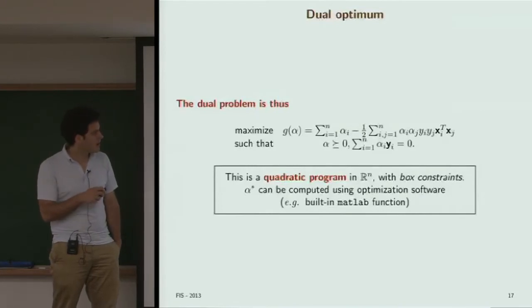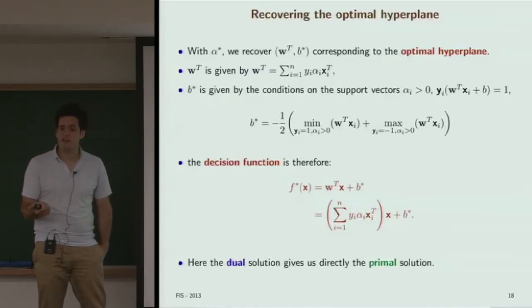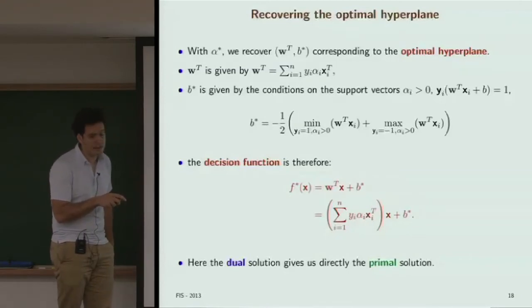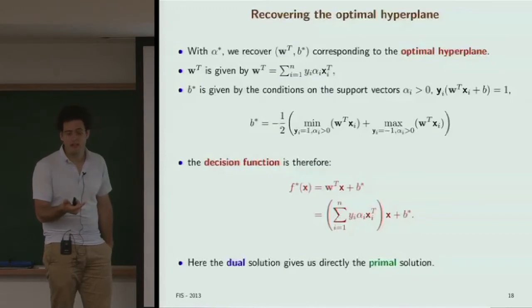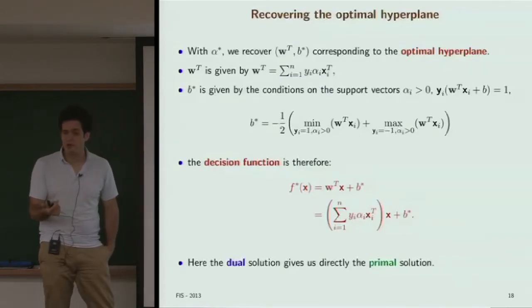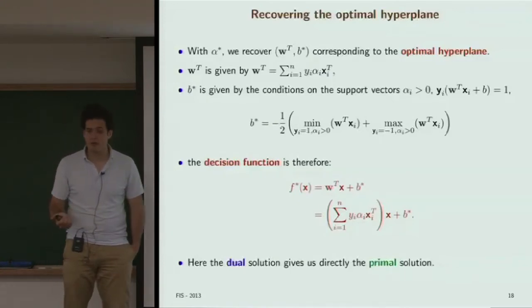Well, yes, actually, because if you remember, with alpha star we can recover the original hyperplane. Remember that W is equal to the sum of y_i alpha_i x_i. So if you give me the optimal dual solution alpha star, this will help me rebuild the optimal W.